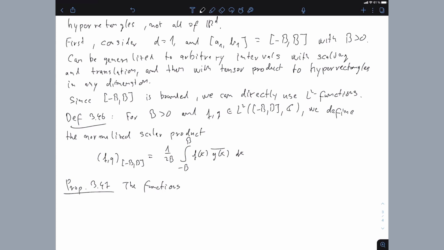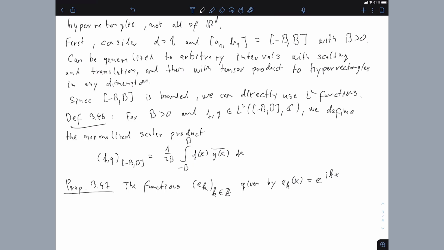We can now look at the functions e_k with k in Z, given by e_k(x) = e^{ikx}.